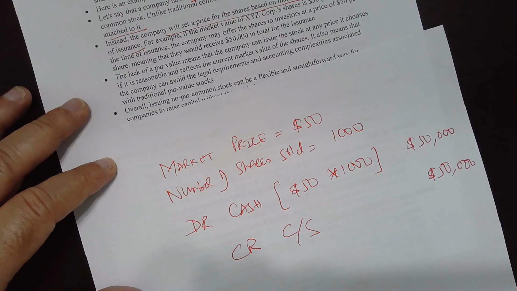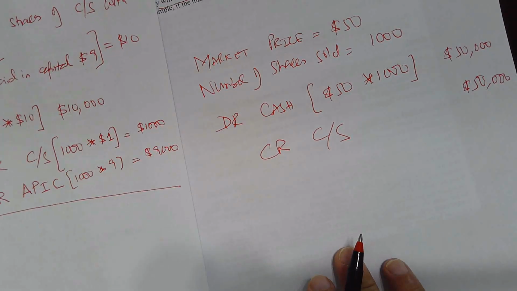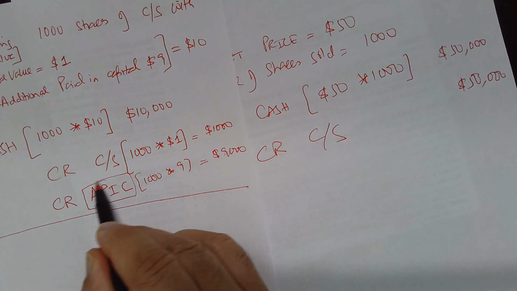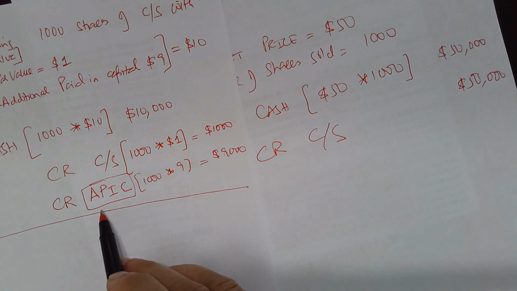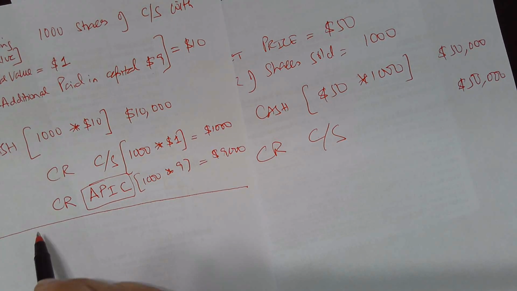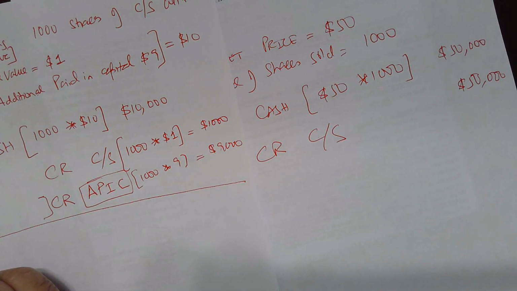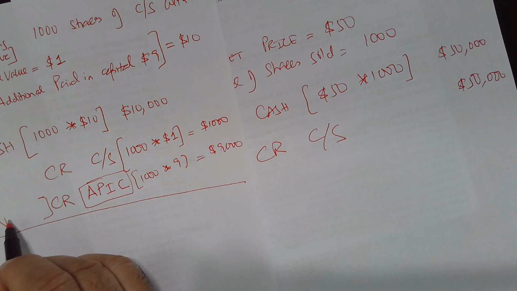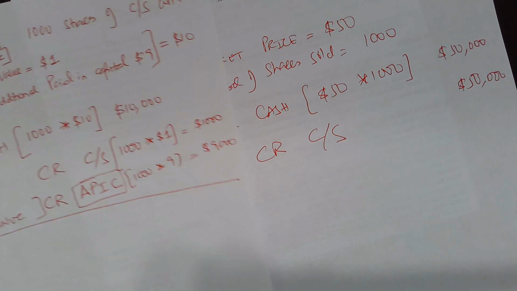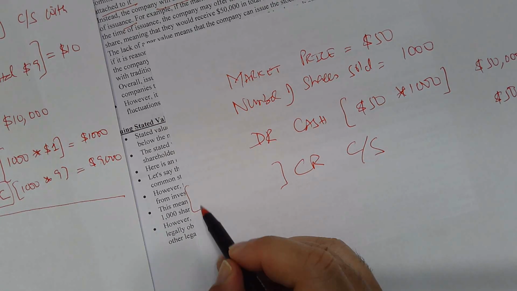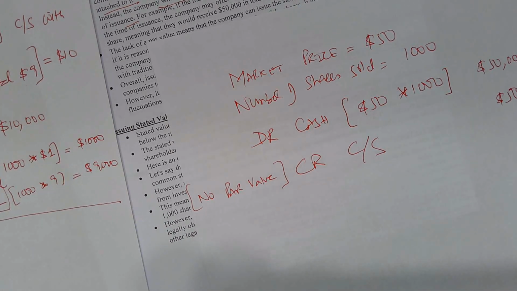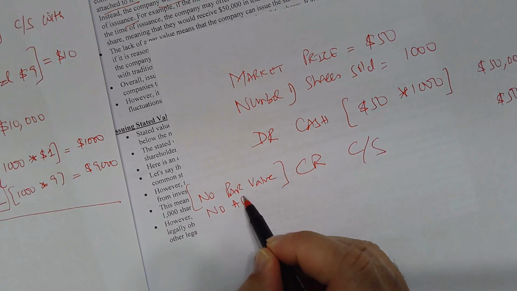In this case, there would be no additional paid in capital. Additional paid in capital is part of par value stocks, but this one is no par value. No par value means no additional paid in capital. Okay.